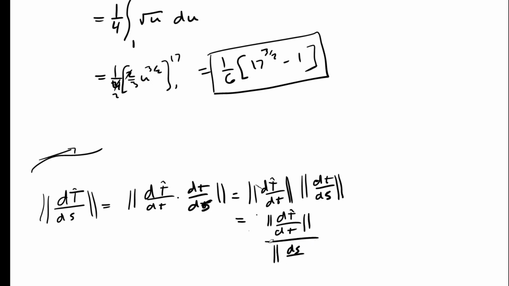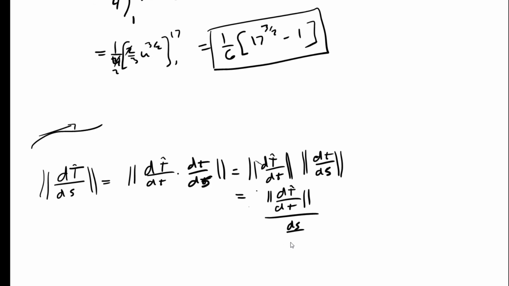Well, actually, that's not a norm, that's a scalar now, so that should be absolute value. No, never mind, it should be norm. Cool, thanks. Okay, so dT/dt, and ds/dt, what is that? That's going to be just the norm of r prime.